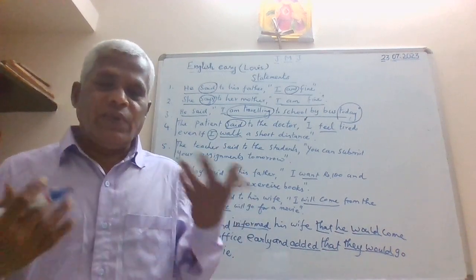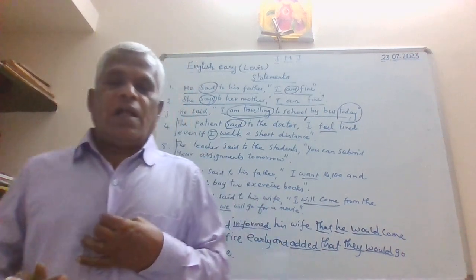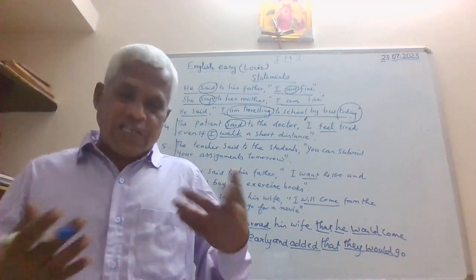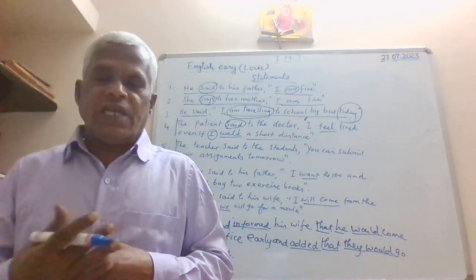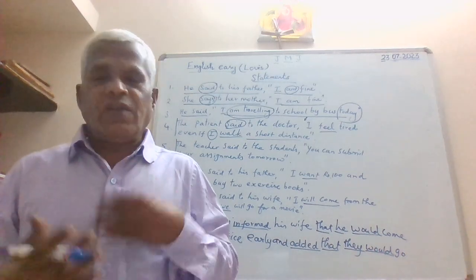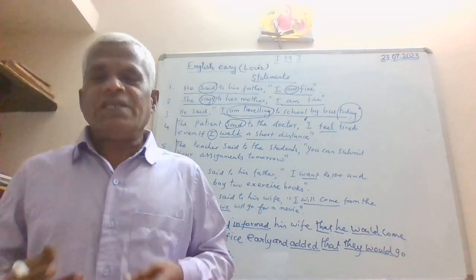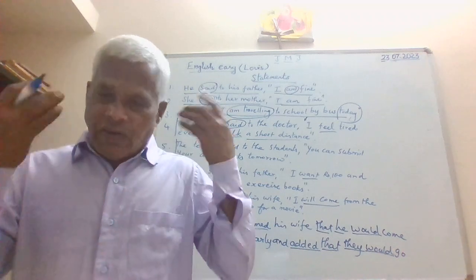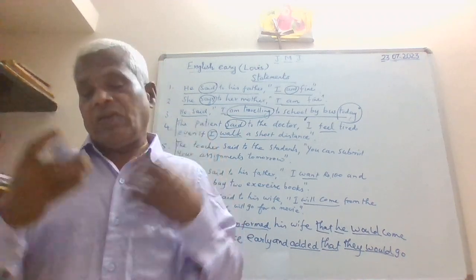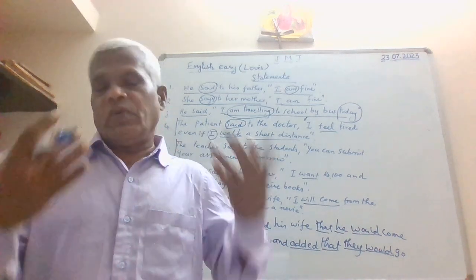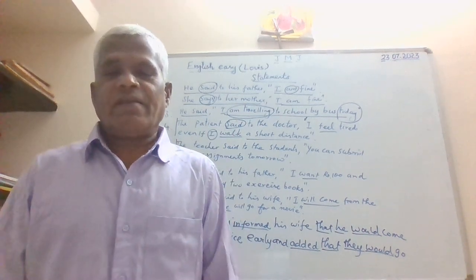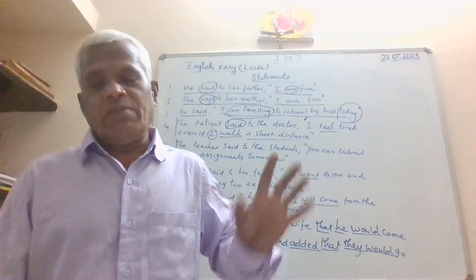Now automatically, when we begin to speak sentences at a regular interval casually, this kind of changing from direct to indirect becomes easy. Without our knowledge, without our inclination, without our thinking, we can begin to speak spontaneously. All this comes only by practice.